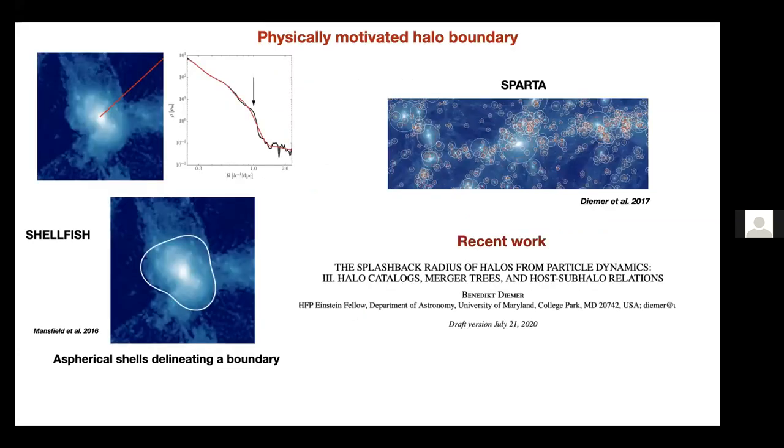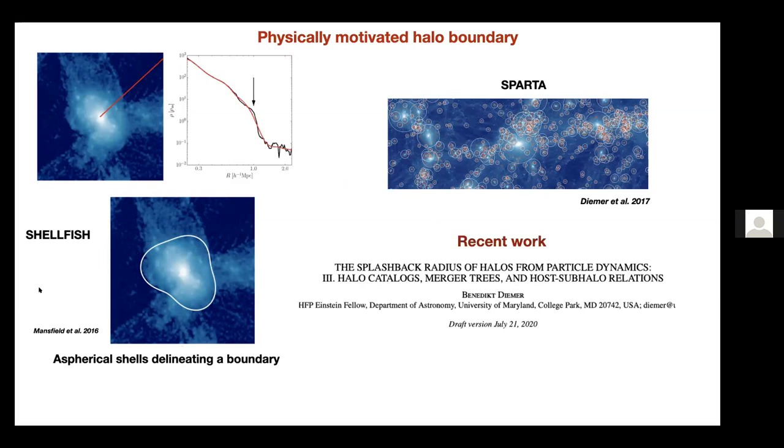Right. So just going over some of them briefly, and some recent work that has been done in relation to that. Of course, with this being established as a halo boundary, a lot of interesting work has been done by Benedikt Diemer and Phil Mansfield, who are both here, in trying to find these edges and define these surfaces in simulations.